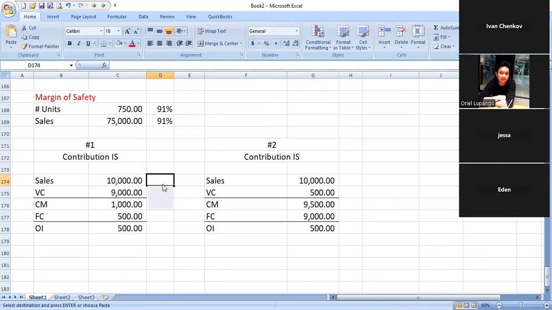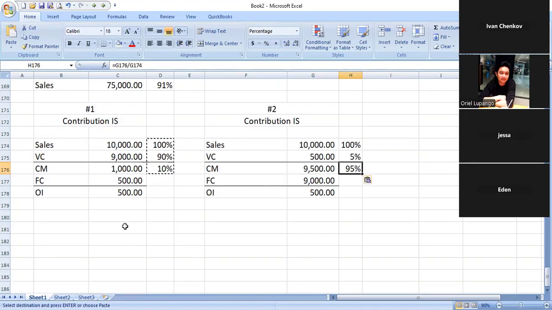In this company, the contribution margin is only 10%, whereas in this company, the contribution margin per unit is 95%. What does that mean? This company has to sell a lot of units to reach break-even, whereas this company has to sell very few units to break even.